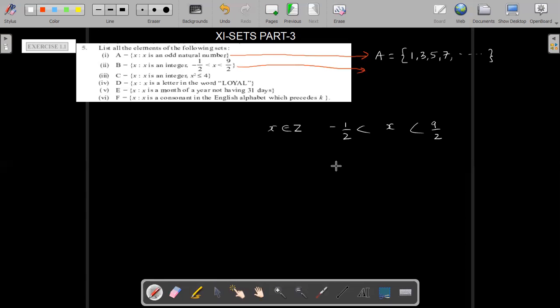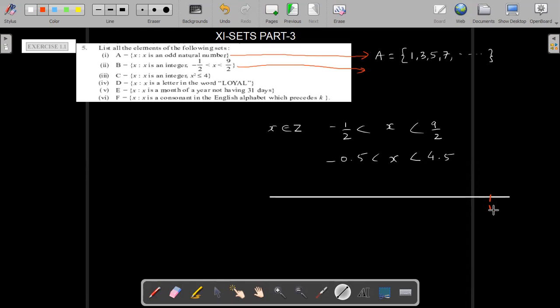Minus 1 by 2 is minus 0.5, and 9 divided by 2, what is the half of 9? 4.5. So if you see the number line, we want to find the integers lying between minus 0.5 and 4.5.